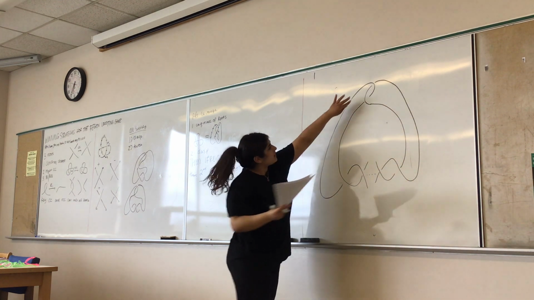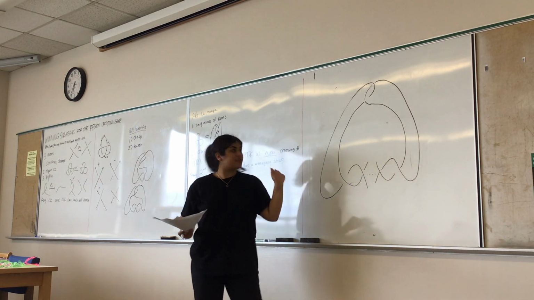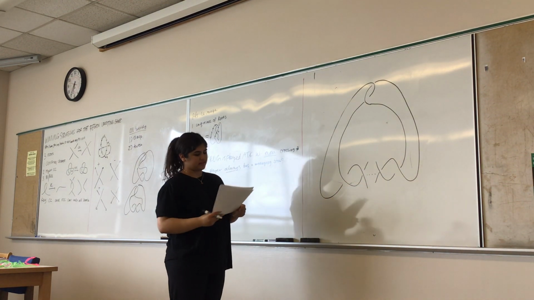Okay, amazing. So we've got the clasp up here, we've got our twists, and we've got some arbitrary number of twists as long as we've got an even number of crossings.